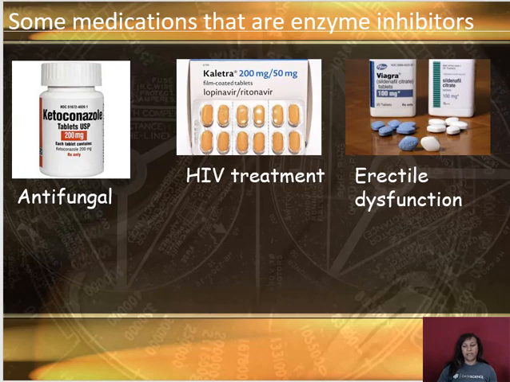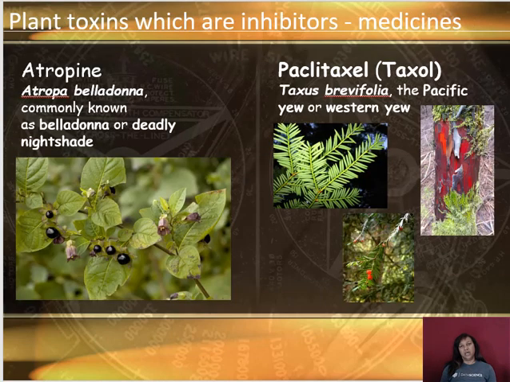We also take that knowledge of inhibitors and make medicines from it. There are some plant toxins that are very powerful inhibitors. One is from the plant you see here called Atropa belladonna, commonly known as belladonna, also deadly nightshade. We get the drug atropine from this plant, and it's actually a toxin that the plant uses.